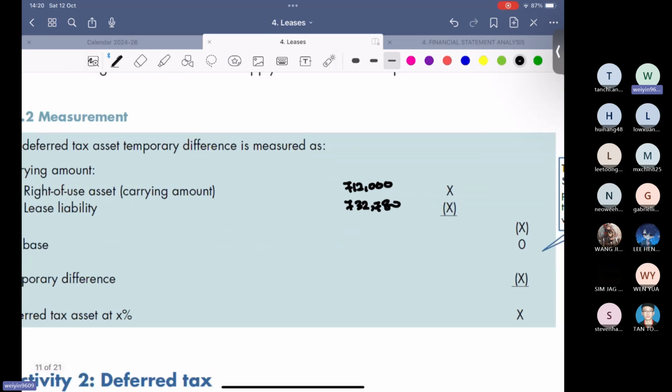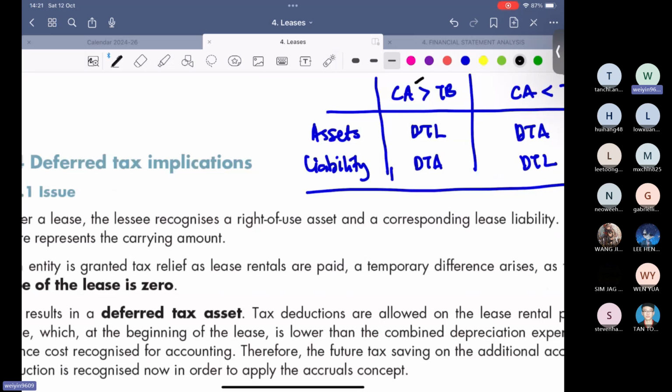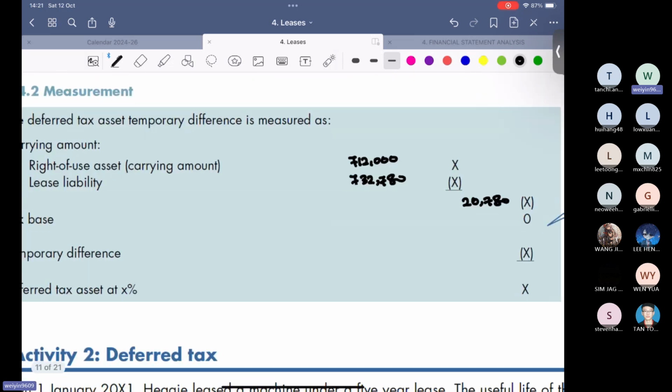So obviously, my liability is higher than the asset, which is 20,780. So carrying amount bigger than TB, so DTA.